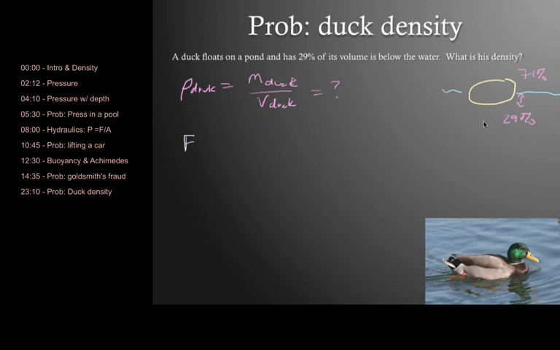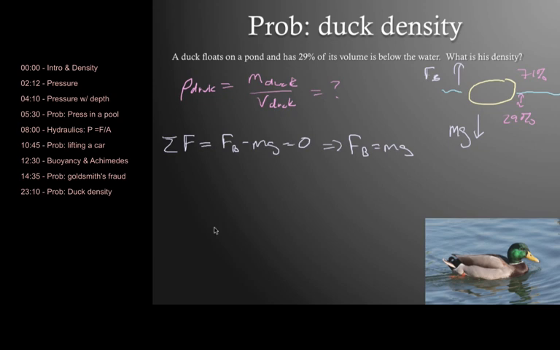So what are our forces that we have here? We have mg and we have a buoyant force. So we know that the sum of our forces is going to be the buoyant force minus mg, and that should be equal to 0. So that means that our buoyant force is equal to mg.